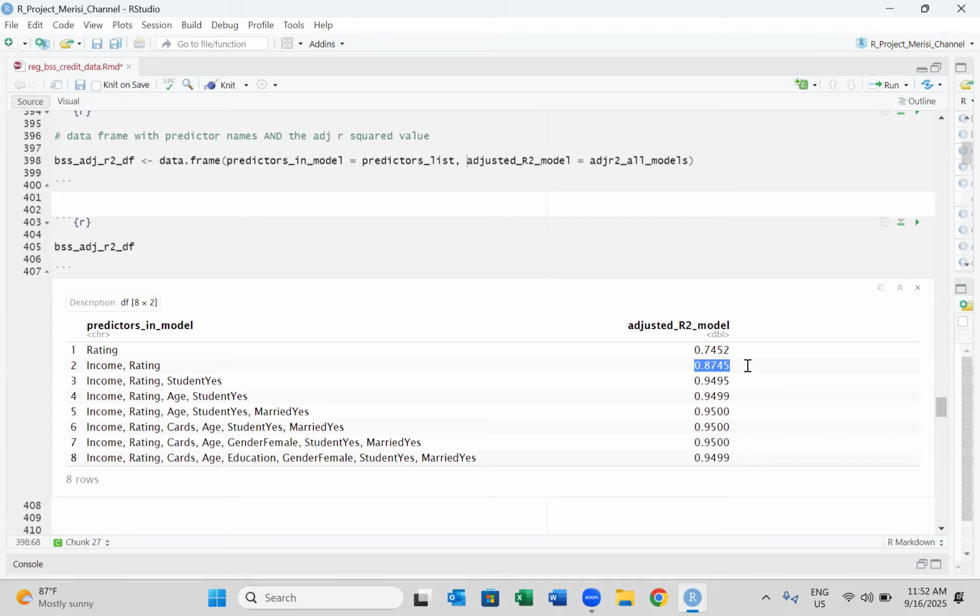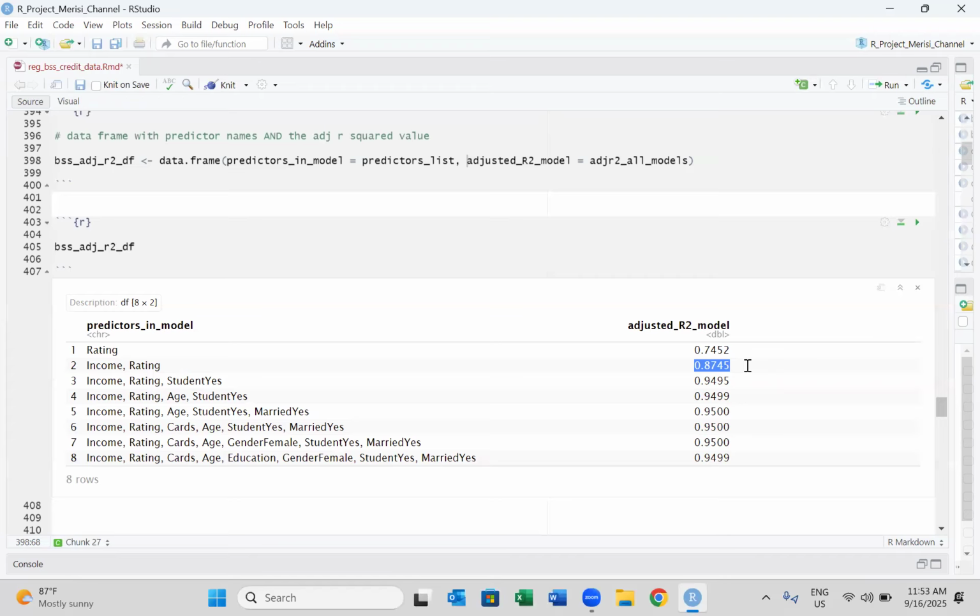If you read a book about how to apply best subset selection using adjusted R squared, they're going to tell you that you should find out where adjusted R squared stops increasing. That's the moment where you do the cutoff, because after that, adding more predictors will not give you any improvement in performance.